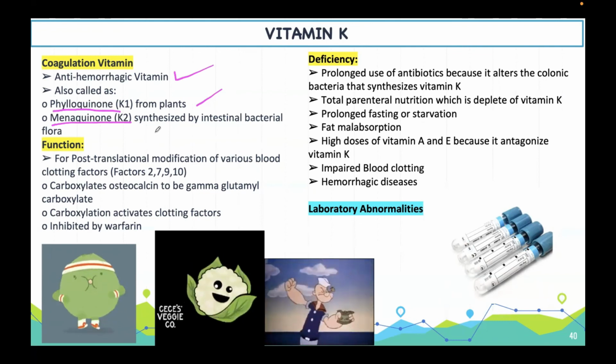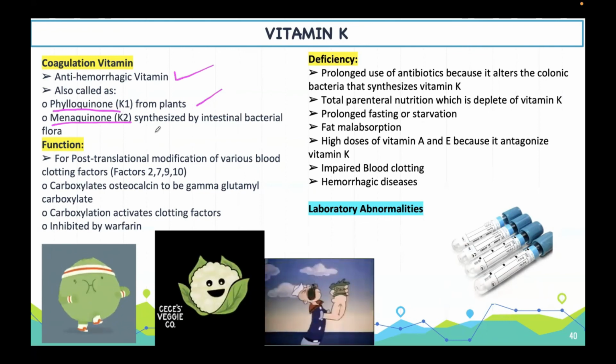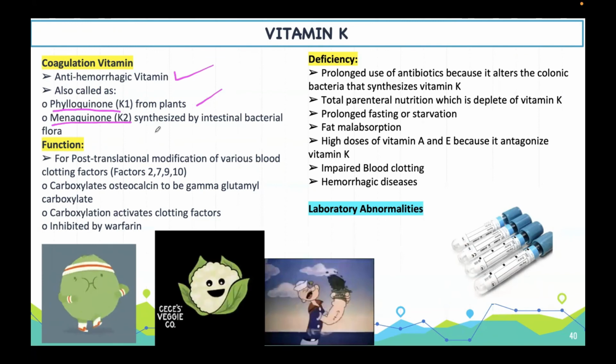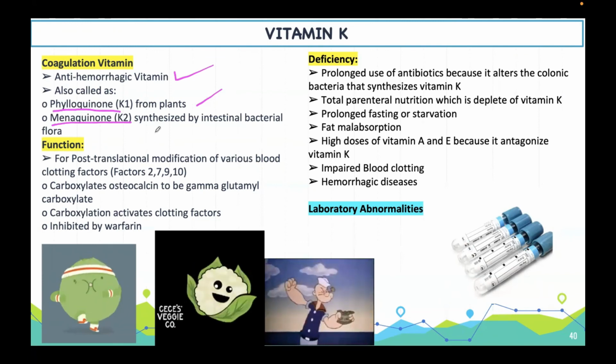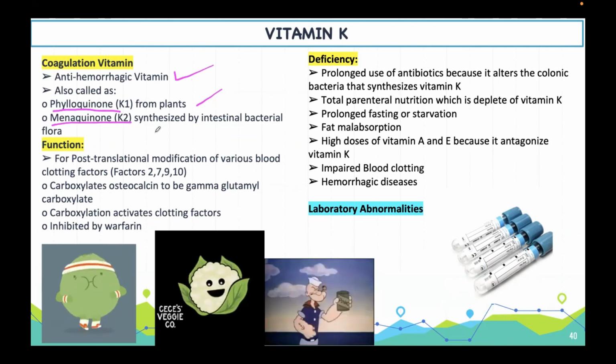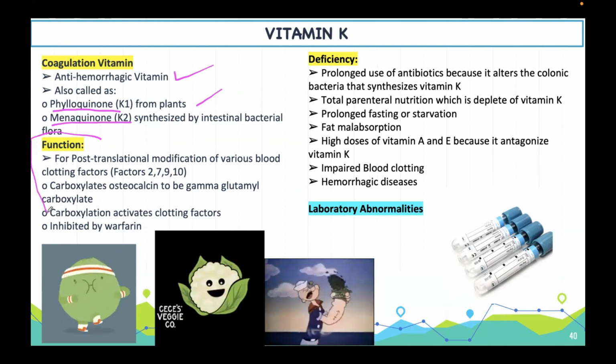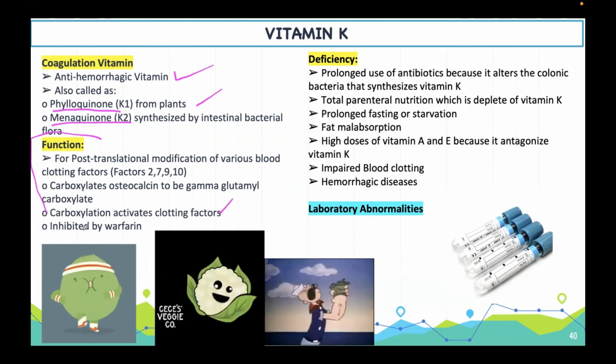So pagdating nyo ng hematology, i-discuss nyo yung mga intrinsic, extrinsic factor natin, okay, na mainly involved sa ating coagulation pathway. It carboxylates osteocalcin to be a gamma-glutamyl carboxylate. And then its function involves carboxylation activities for the clotting factors, and it is inhibited by your warfarin.